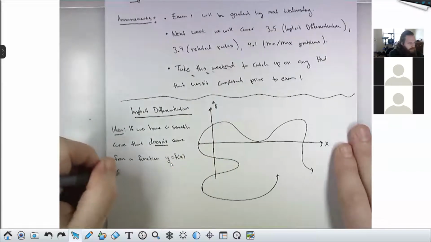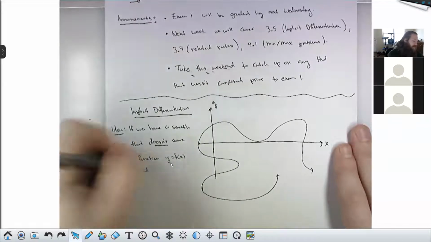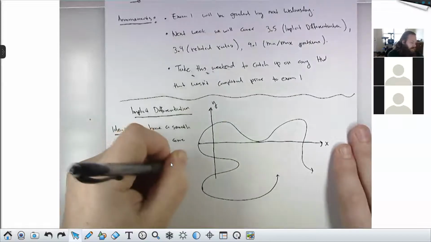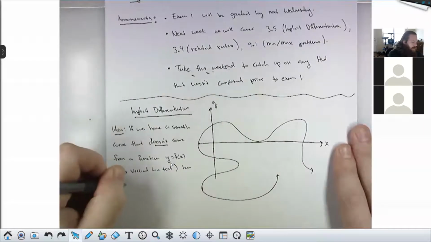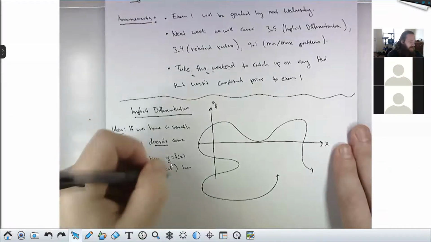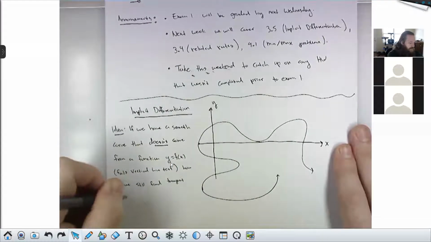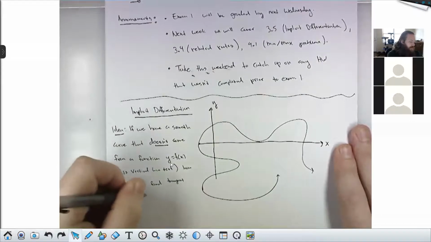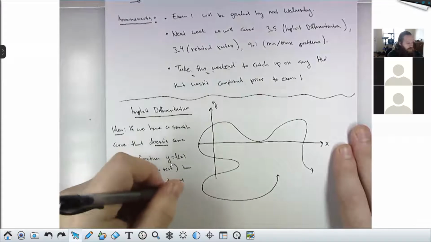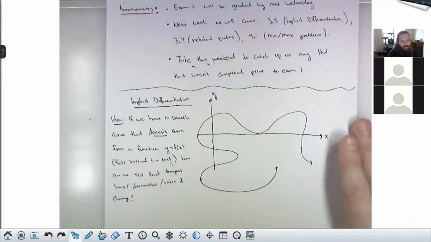In other words, it fails the vertical line test. How can we still find tangent lines, derivatives, or rates of change? That's sort of the question, right?